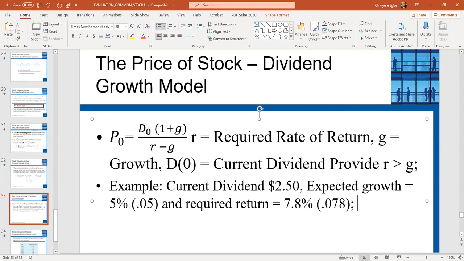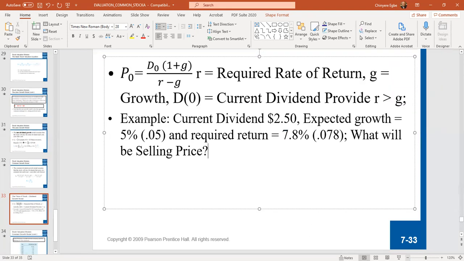So the question is, what will be the selling price for this kind of stock? It's very simple. You can solve through it. Let us see if we can solve through this. We take the formula here.